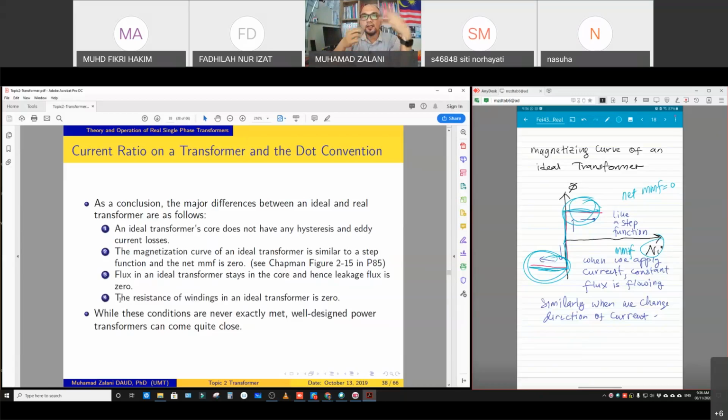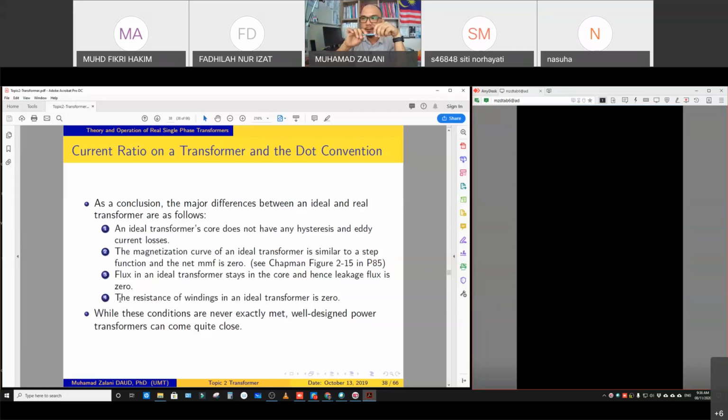But in ideal transformer, we don't consider the resistance that is available in the copper wire. So we don't consider the resistance of the winding in the ideal transformer.